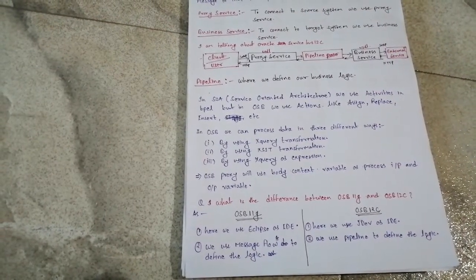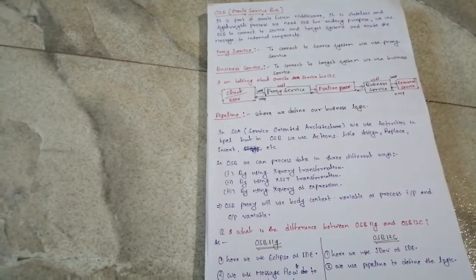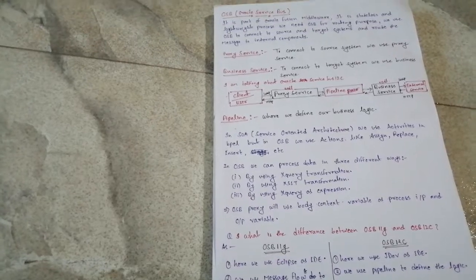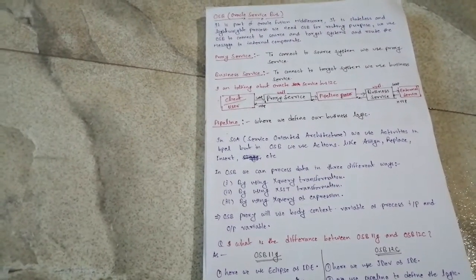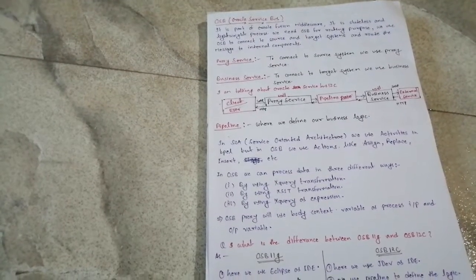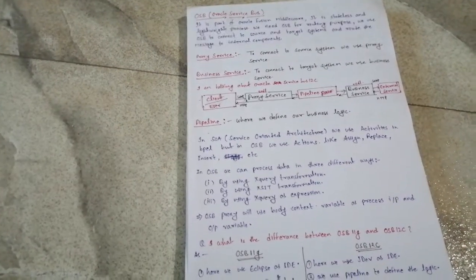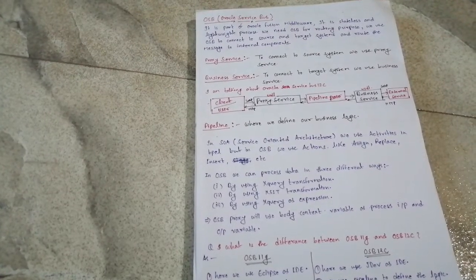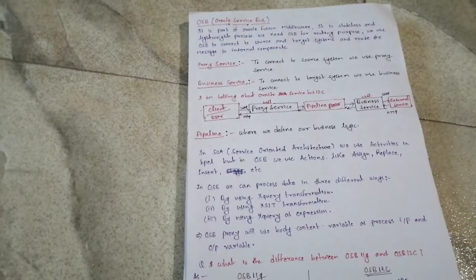And in OSB, we don't have anything that can generate an instance. It is stateless. So we use some activities like the report activity and the log activity. By using that, we can report the incoming messages, whatever messages we are getting from the source. And by using the log activity also we can log the messages.